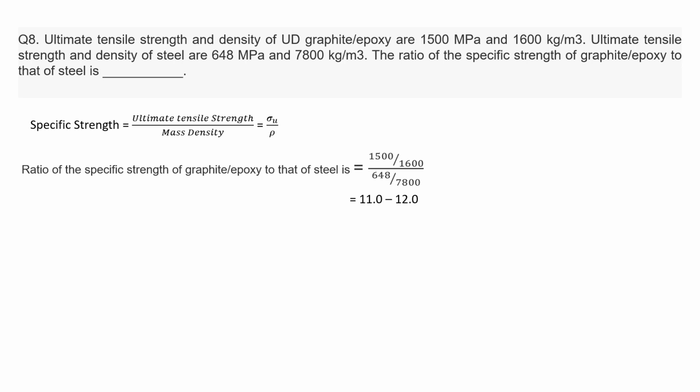Question number 8 says that ultimate tensile strength and density of unidirectional graphite/epoxy are 1500 megapascal and 1600 kg per meter cube. Ultimate tensile strength and density of steel are 648 megapascal and 7800 kg per meter cube. The ratio of the specific strength of graphite/epoxy to that of steel is.